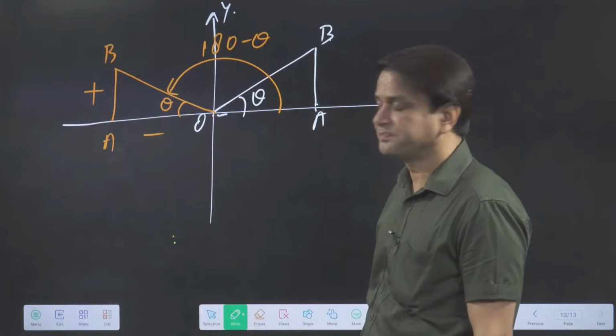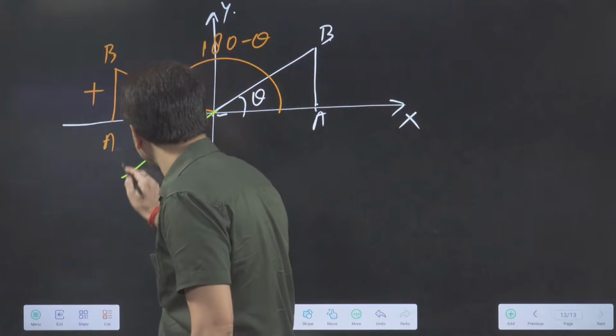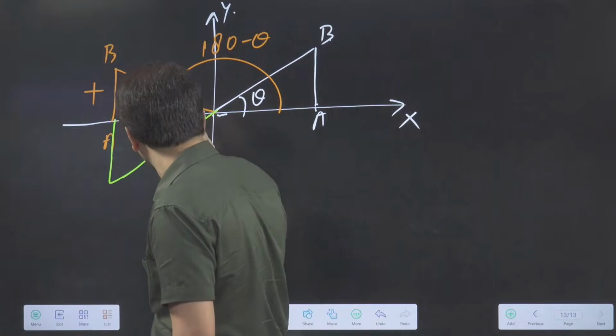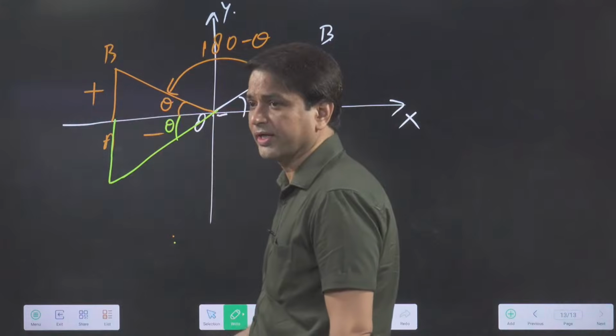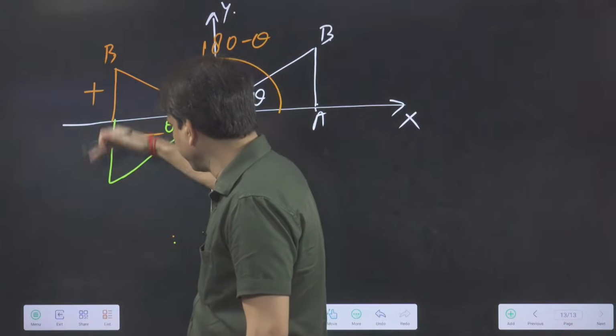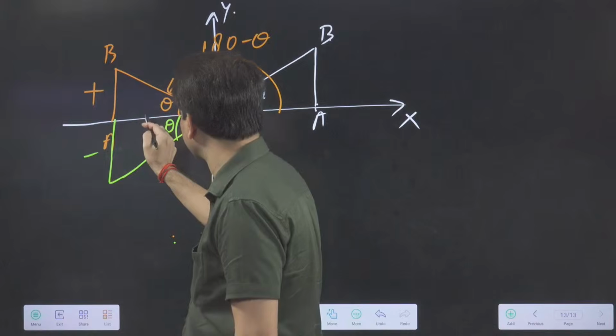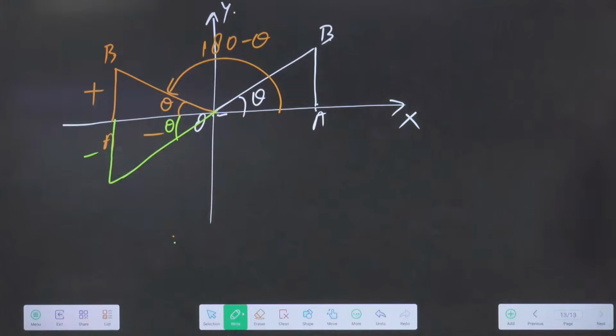Up to this okay? Now if I am making the same triangle in the third quadrant, you can see this is below the x-axis, negative, and this is also negative. Now what is sine theta? Sine theta is the opposite upon hypotenuse.